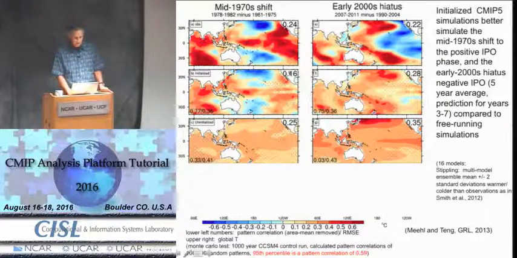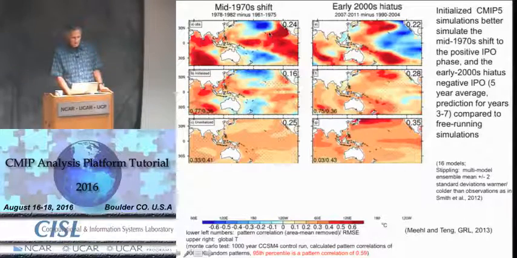And here in the top panel are the observations, looking at a 5-year average from 1978 to 82 minus 1961 to 75. And we're going to look at initialized predictions that are initialized in 1976. So we're asking the question, how does this prediction 3 to 7 years in the future differ from the previous 15 years that was already observed?